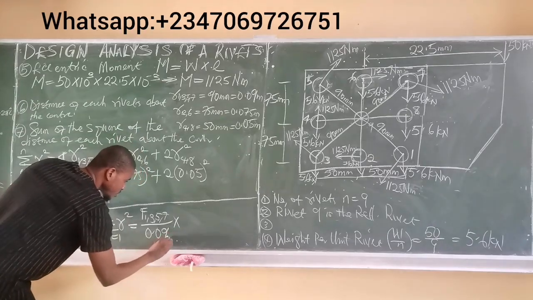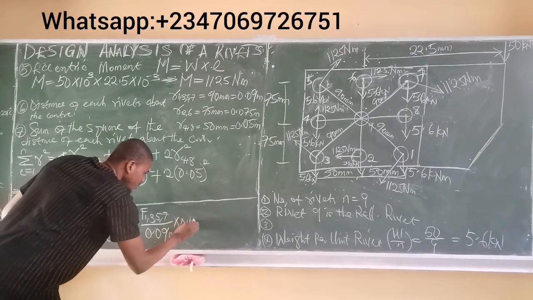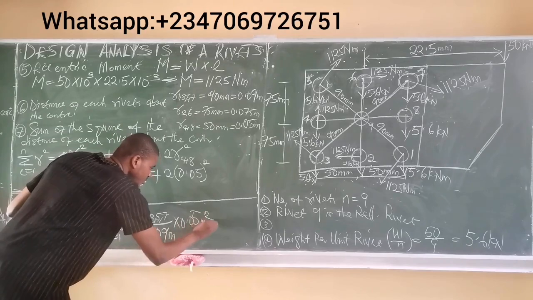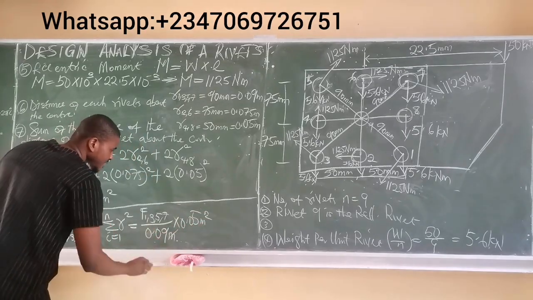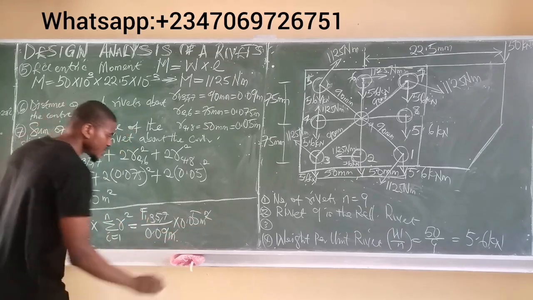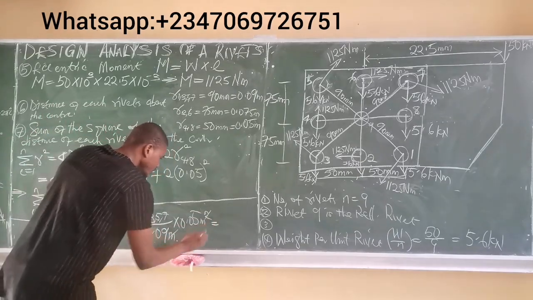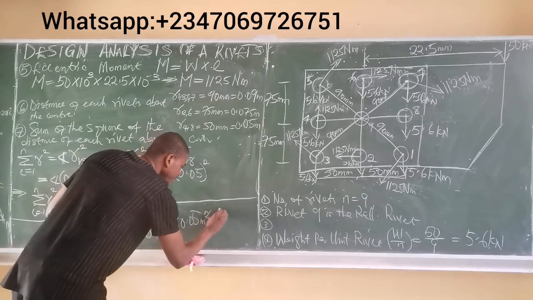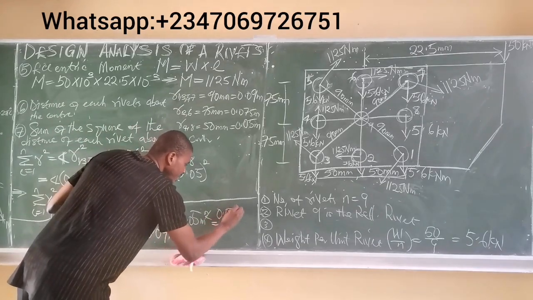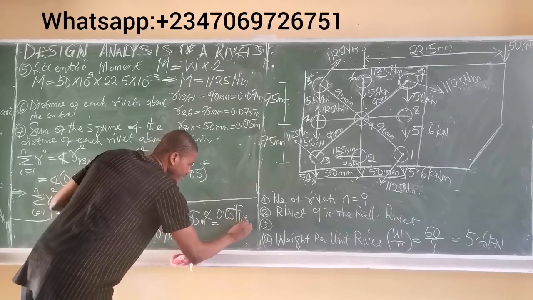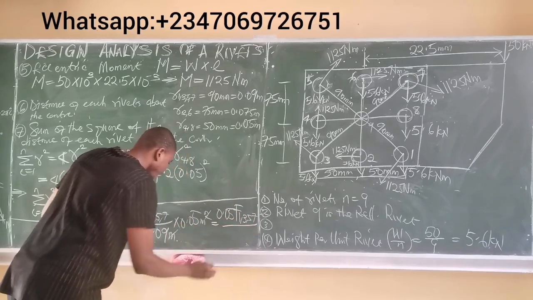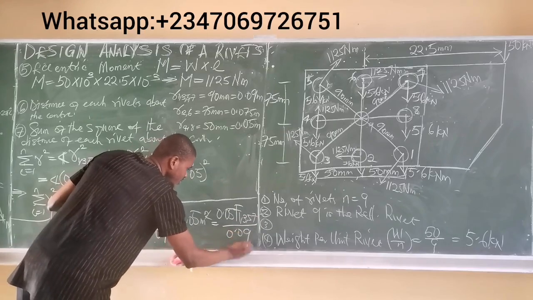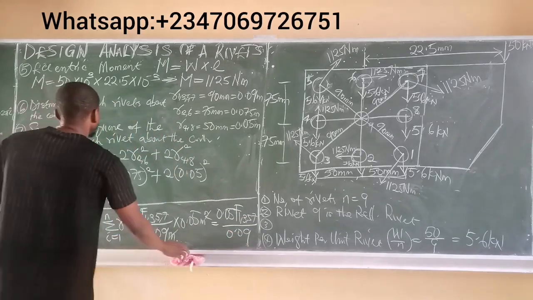So remember, this is 0.09 in meters times 0.05 in meters squared. So observe that meters cancels one of these meters. So what I have here now becomes 0.05 times F1357 divided by 0.09.